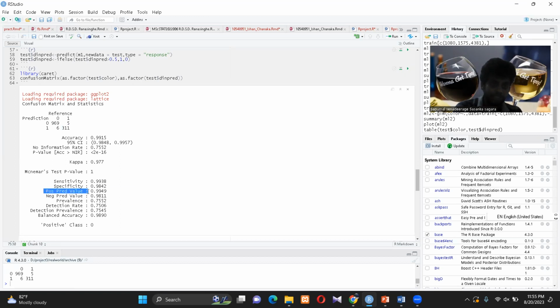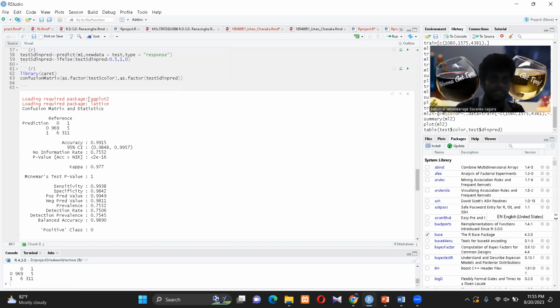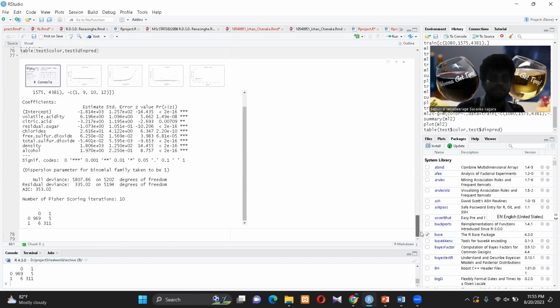Positive prediction value is nothing else. This is the metric.